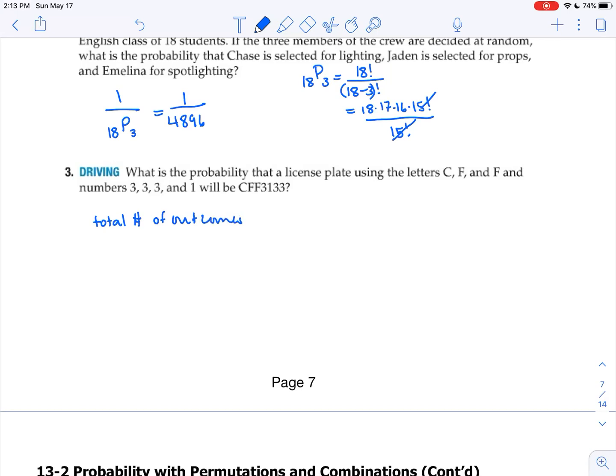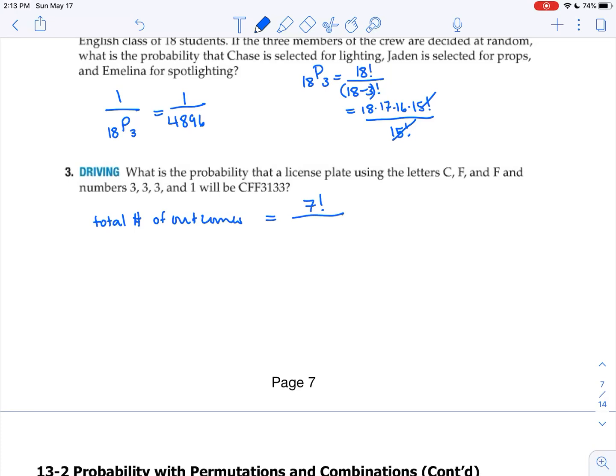And because instead of this being distinct letters and numbers, this is the non-distinct case where there's some repetition. So we first start off with what is our total number of letters that we get to pick from? And that would be, so total number of outcomes would be 7 factorial.